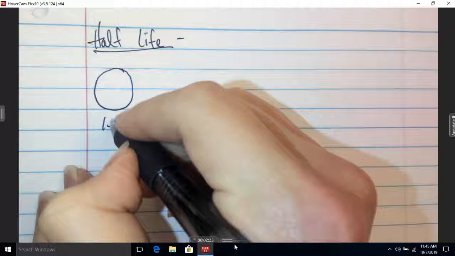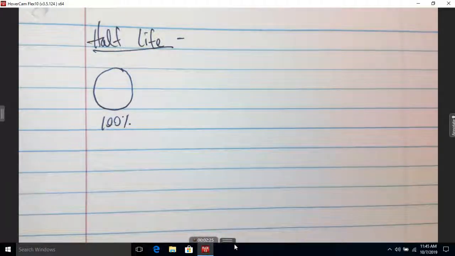Okay, so let's take a look at half-life. When I have a sample of something that has not decayed, that's like the beginning, okay? And we would say that that's equal to 100%.